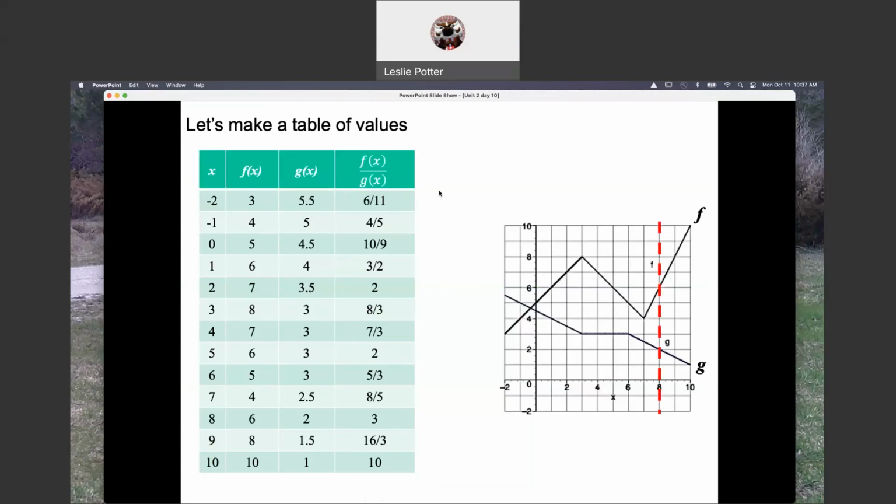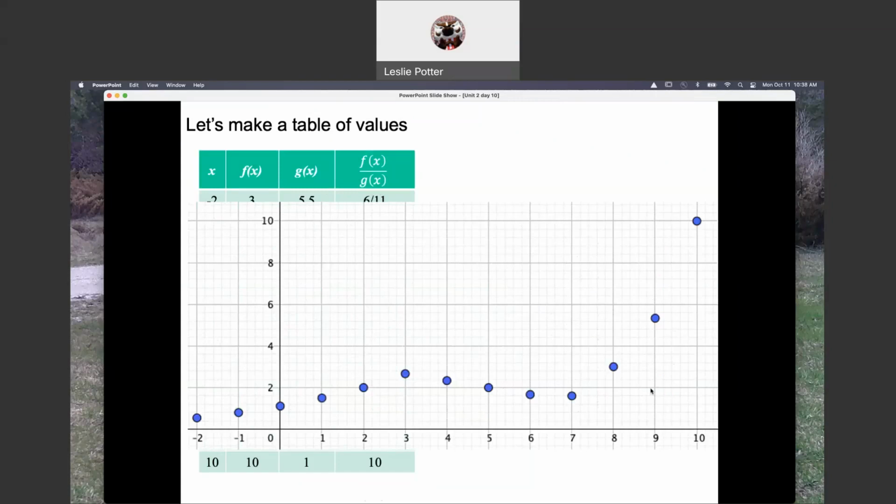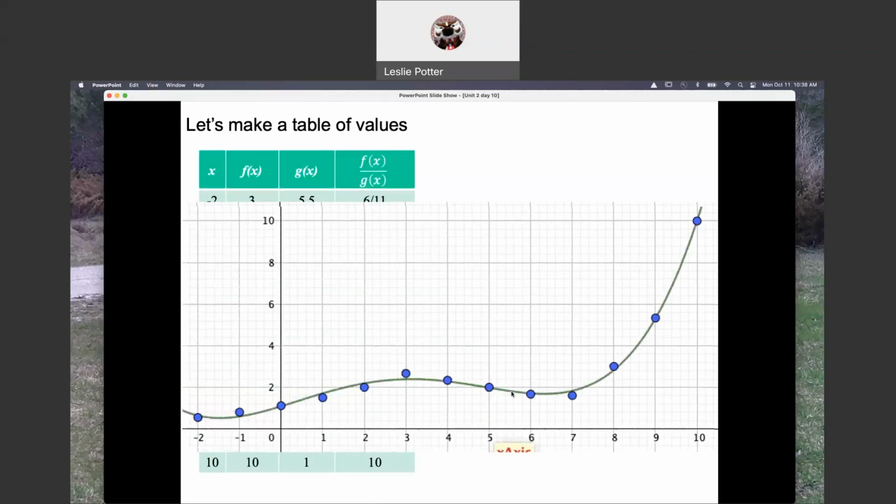I can do the same thing as last week. If I want to focus on x equals 8, I can graph all those quotients. So this is 6/11ths right here. Then I can fit these points to a curve.